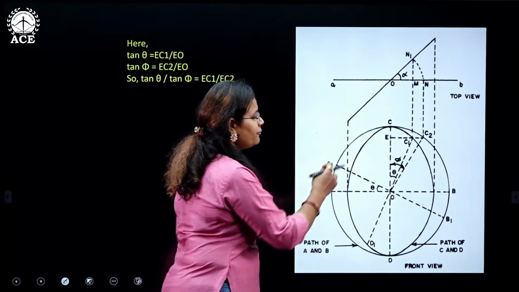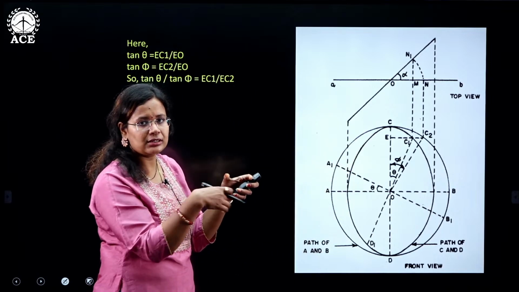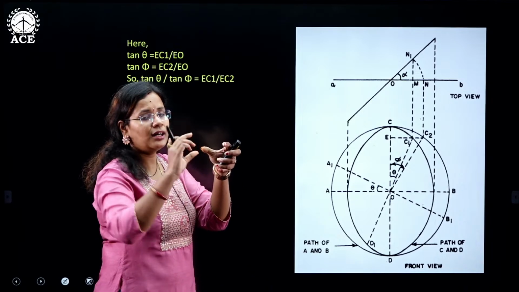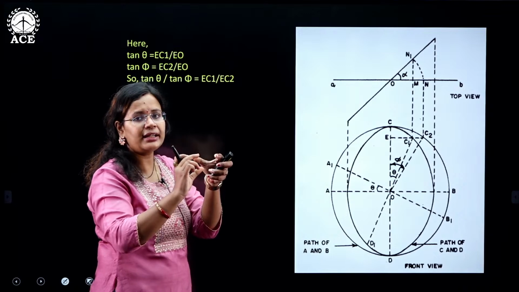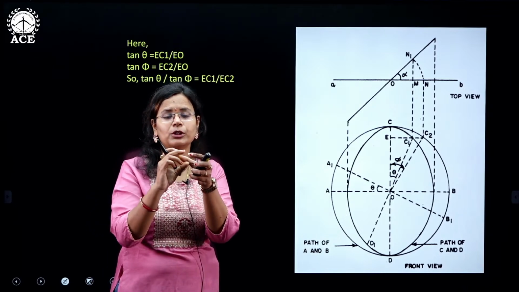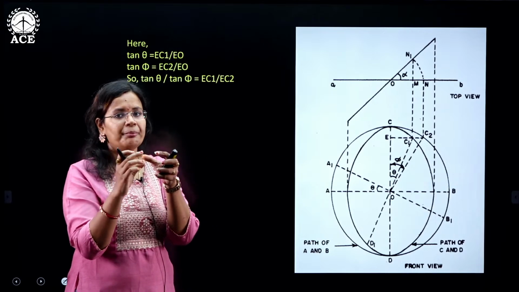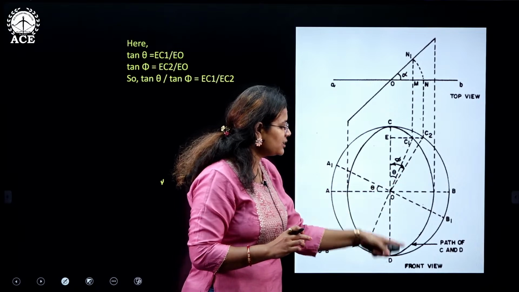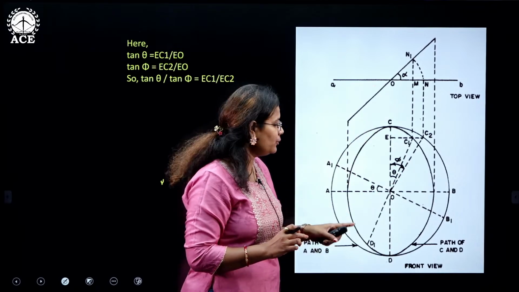So the front view of the driving shaft will look like a circle because you're looking at the circle. This is stationary. The driven shaft is inclined at a certain angle. So whenever the circle is inclined at a certain angle, it will not trace an exact circle, but it will trace an ellipse. So the front view looks like an ellipse over here. This is the front view and this is the top view.